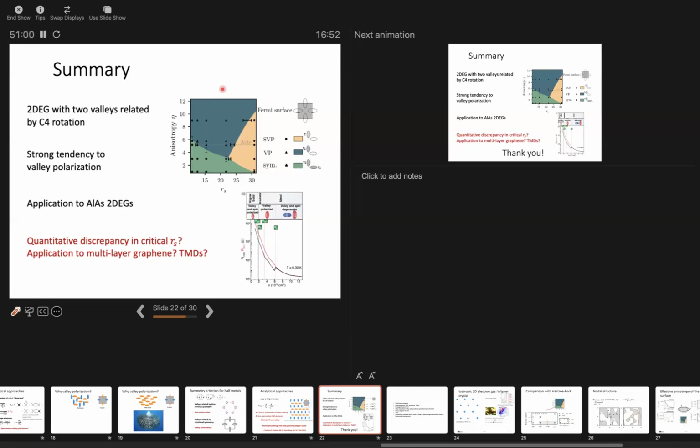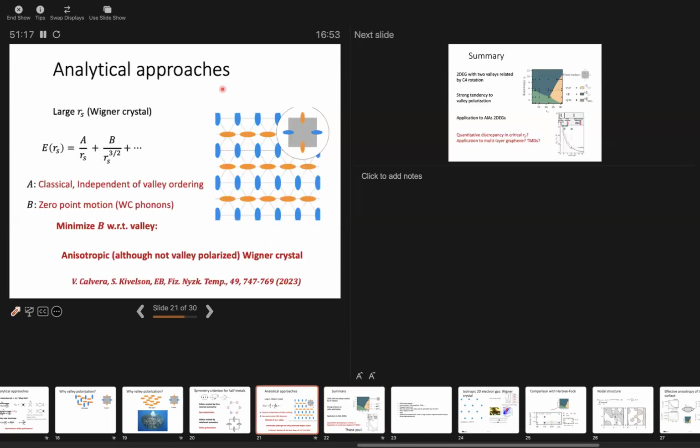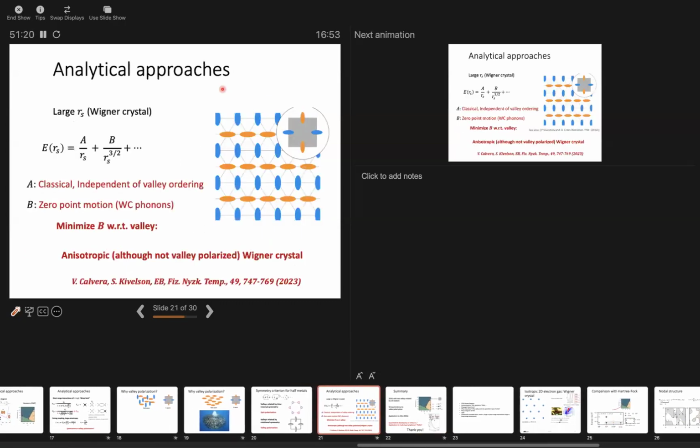Another question, have you used the property on this? Yes, I guess it would be such. Not easy to do. We have thought about it a little bit. The phonons of this crystal are interesting.